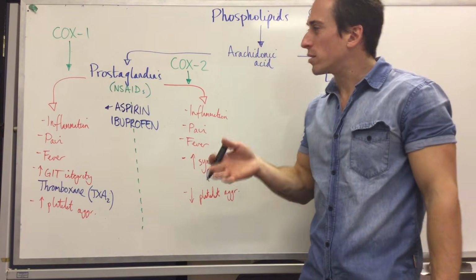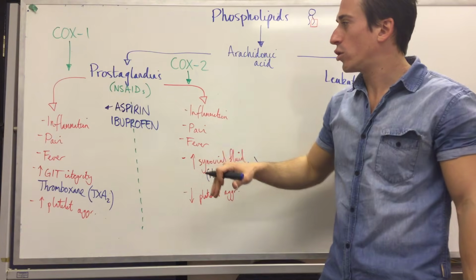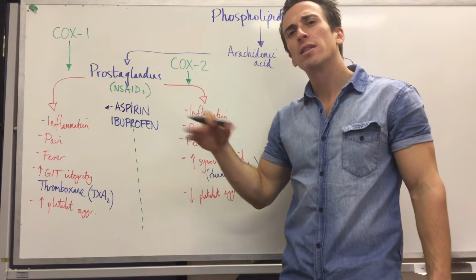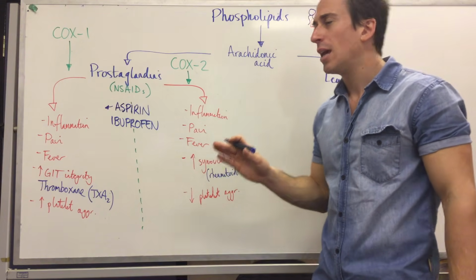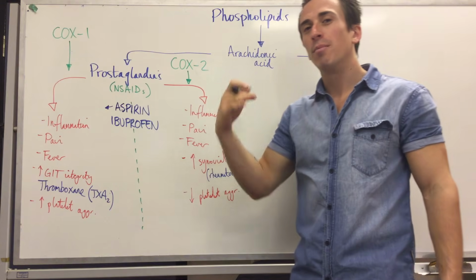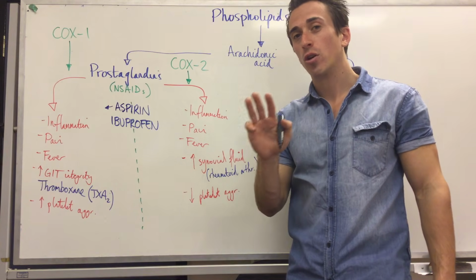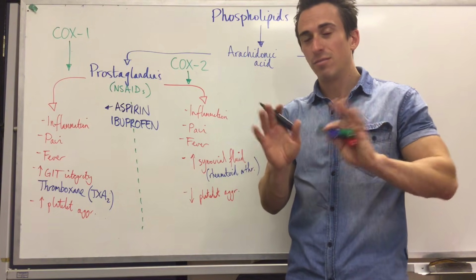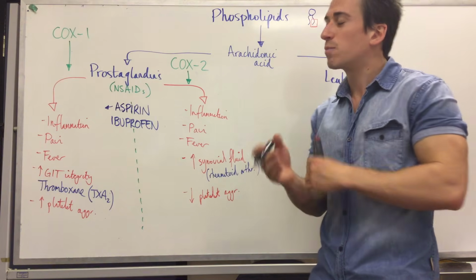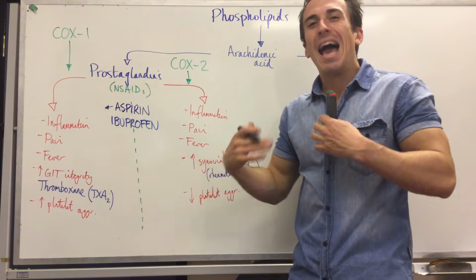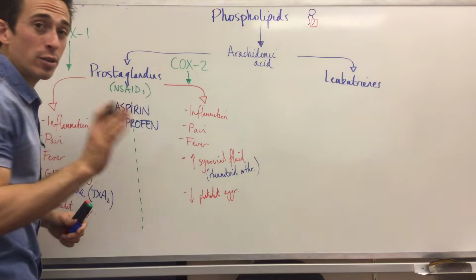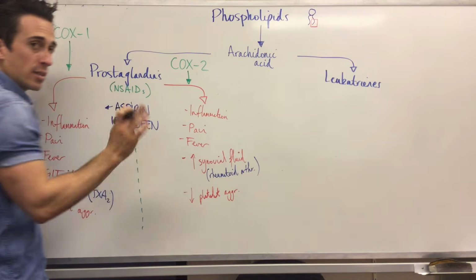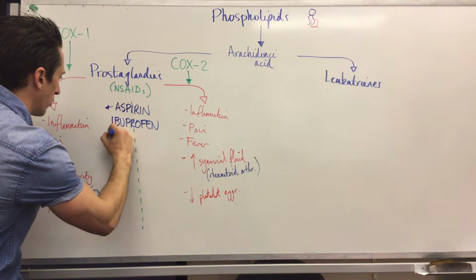And so if it worked by blocking COX-1 and COX-2, it should be good as an anti-inflammatory drug, but it's not, which gives us an indication that it may not actually inhibit COX-1 and COX-2, but it may actually inhibit a third COX isoform called COX-3. However, we do not have enough proof to demonstrate that this is the case, but we just put paracetamol in as an NSAID, okay? Because it has a very similar effect. It's very good as an analgesic and antipyretic, but it's quite a poor anti-inflammatory drug. So let's write paracetamol.